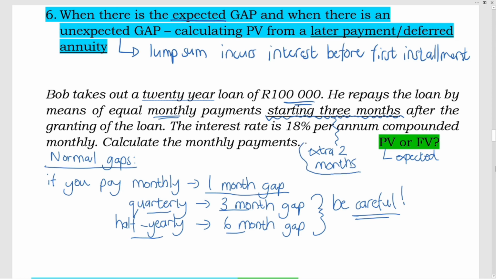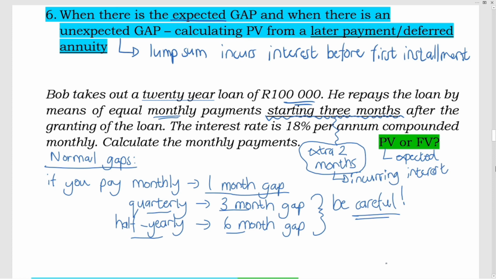There's an extra 2 months that are happening. Not just happening, they are incurring interest. So what you need to do is stick it into the normal compound interest formula, grow it to beyond 100,000 Rand, and only then can it go into the PV formula to decide how much he's going to pay every single month.